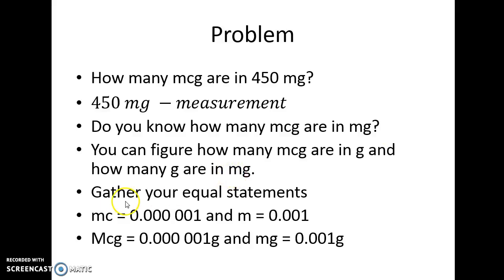So you gather your equal statements. A micro is equal to this value, and milli is equal to this. So I put, that should be a small letter m, I put gram after each of these, and now I have my equal statements.